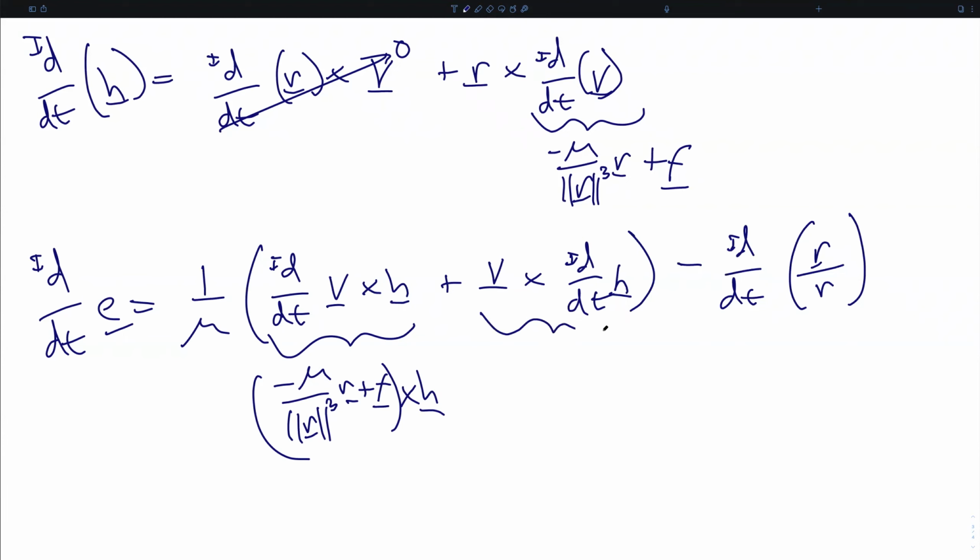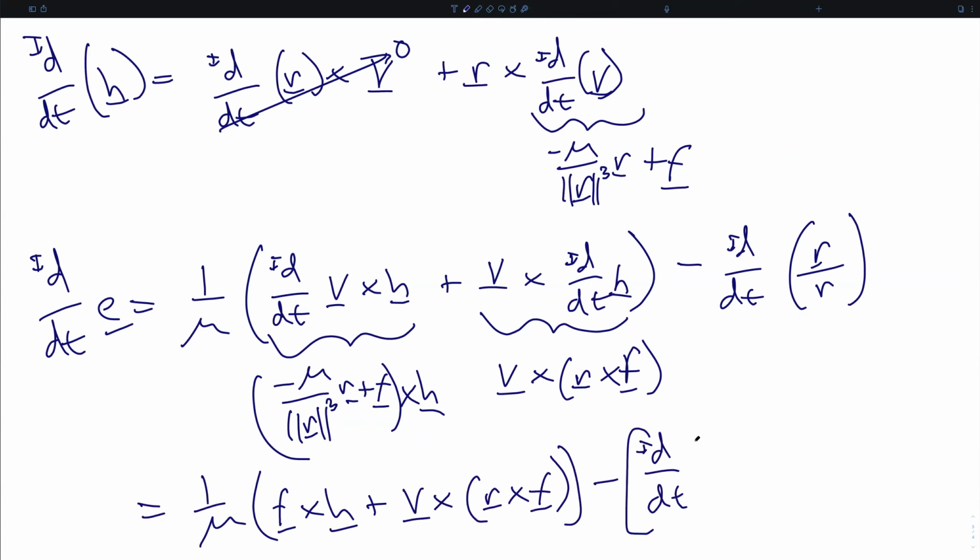And this term becomes the vector triple product v cross quantity r cross F from our previous result for the derivative of h. Rewriting this and cleaning it up, we have 1 over mu times the quantity F cross h plus v cross quantity r cross F, minus the inertial derivative of r over r plus r cross h over r cubed.